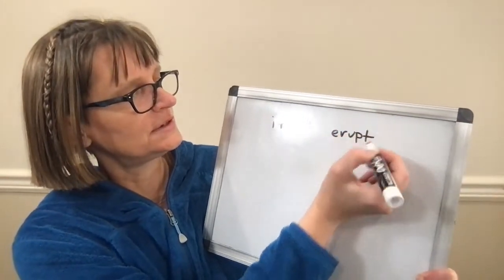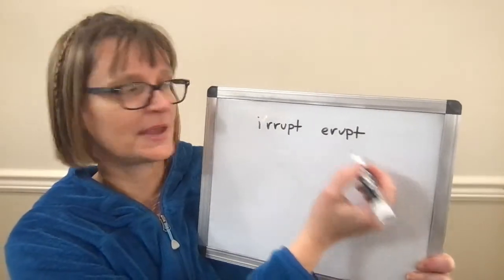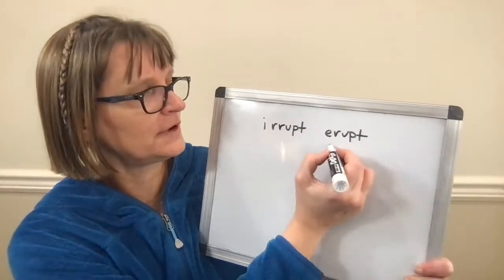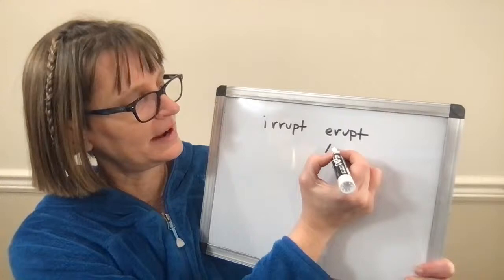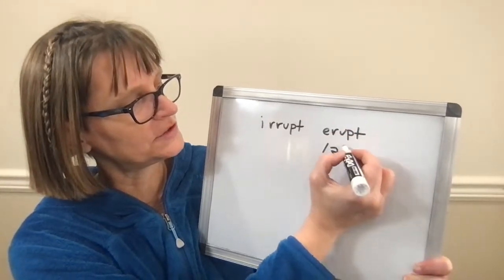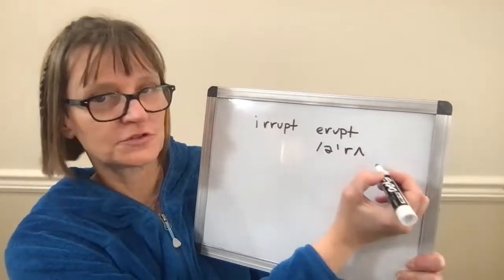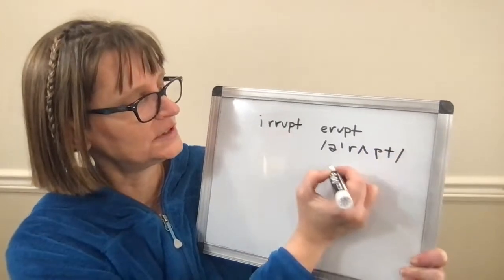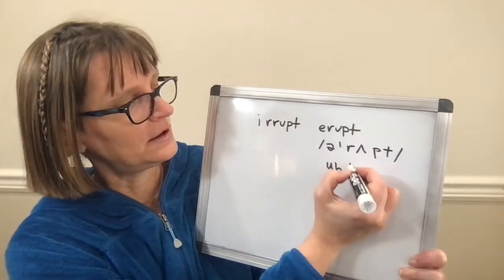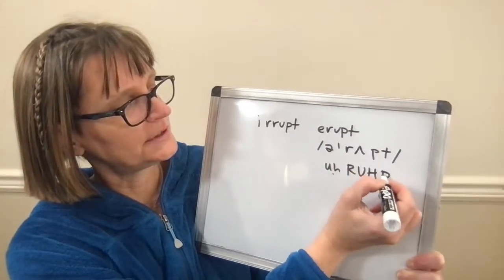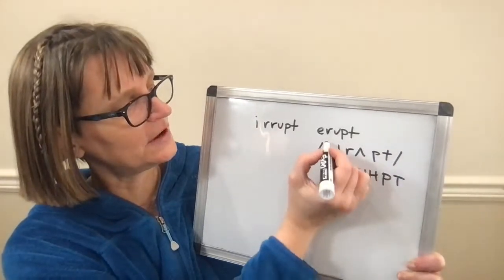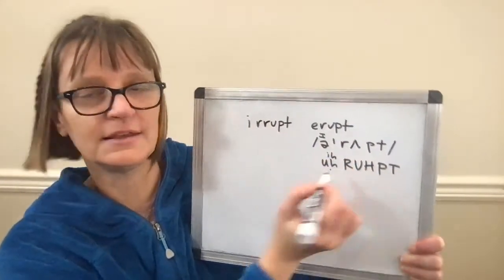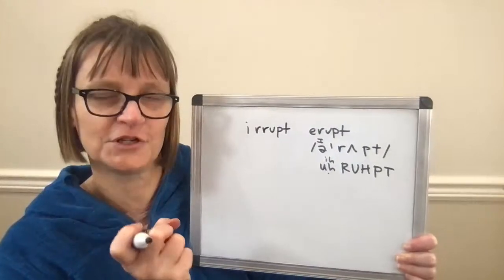If it is, I'm guessing it'll be pronounced the same as erupt, like a volcano erupts. That is a schwa, and the stress is on the rupt syllable. Or you can think of this also as an I, like irrupt. You just want to have a reduced vowel there.